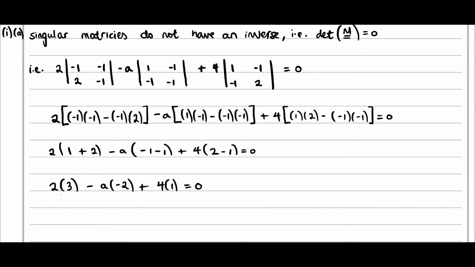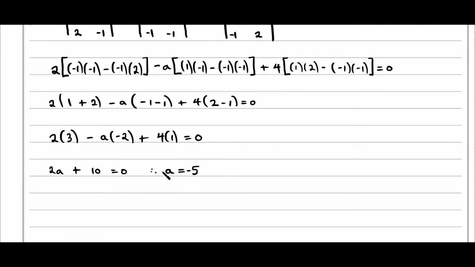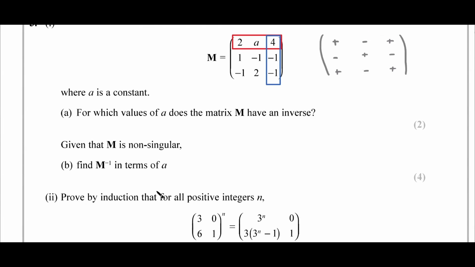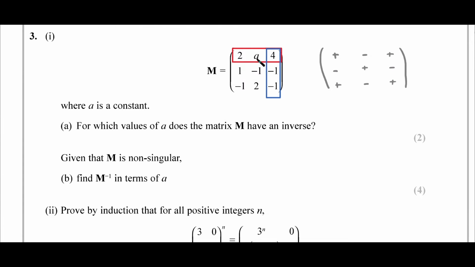We have 6 plus 2a plus 4, so we have 2a plus 10 equals 0. a, of course, is equal to minus 5. And therefore, when a equals minus 5, the matrix M does not have an inverse.